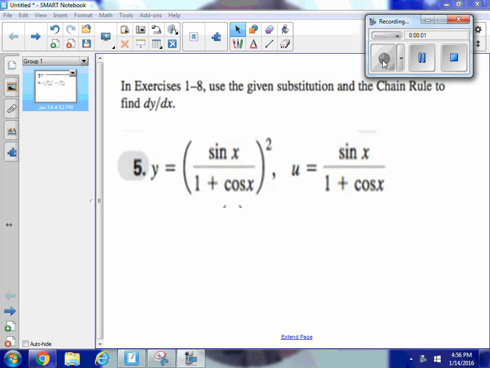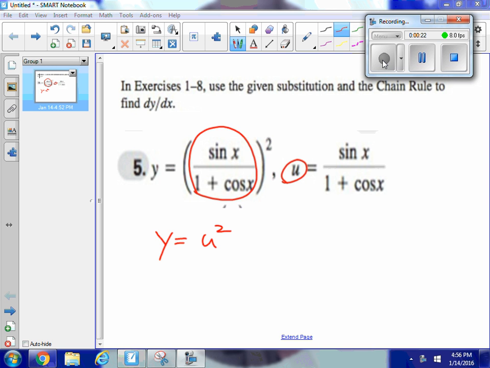So they're asking me to do this problem using the substitution and chain rule. What they're asking me to do is say y is equal to, and they've identified this whole part right here as u. So y is equal to u squared.